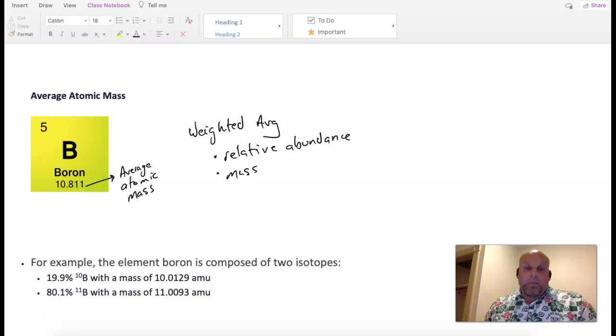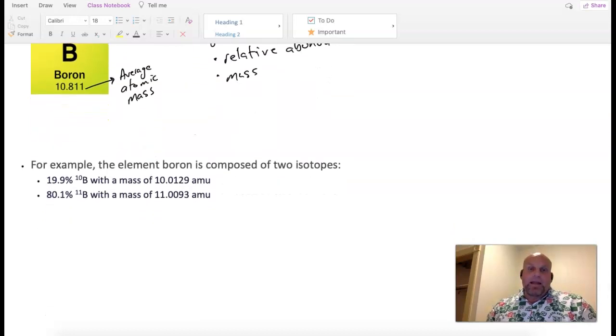So you can see an example here of boron that I have. Boron is composed of two isotopes. So boron 10, with a mass of 10.0129, has an abundance of 19.9%.